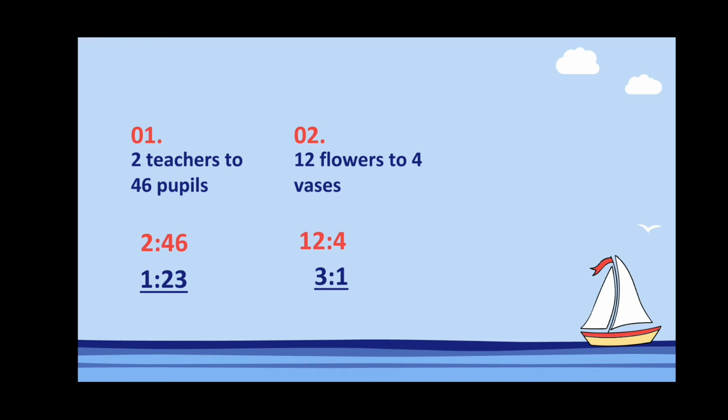Very good. Last example, number 3, 4 books to 10 pupils. The ratio in column form is 4 to 10, and the GCF is 2. So therefore, your lowest term or simplest form will be 2 to 5.